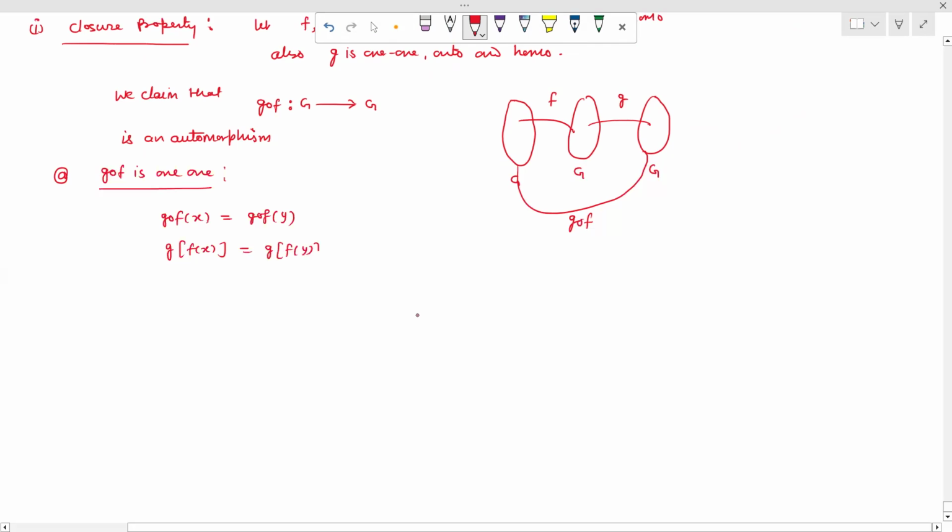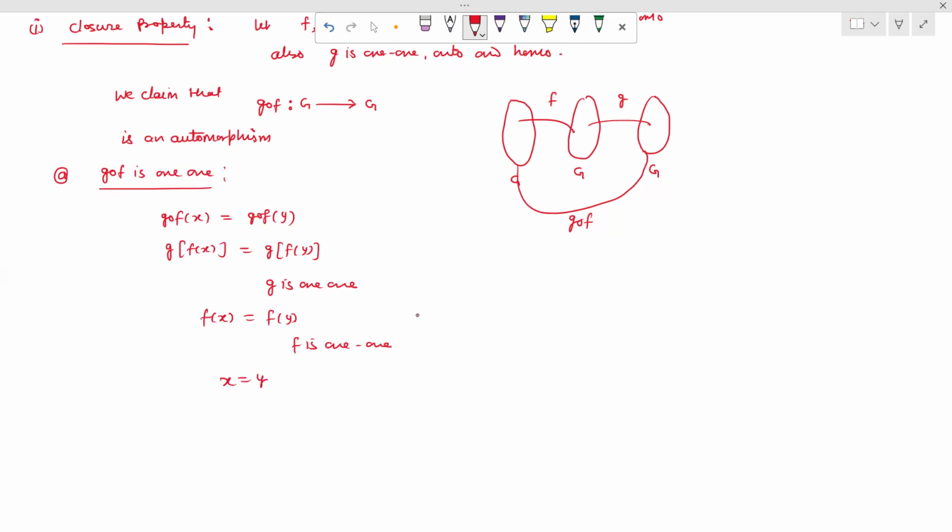G is already one-to-one, so this gives Fx equal to Fy. F is also one-to-one, so we assume F is one-to-one and G is one-to-one, and this gives X equal to Y. So G composition F is one-to-one.